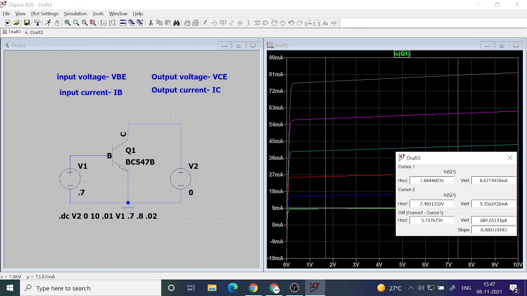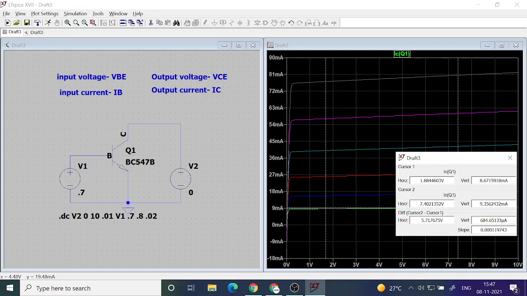Output characteristics is an IV characteristics. We are plotting change in the current with respect to the change in voltage. From the curve you can take 2 points of any color, magenta or cyan or red or whatever color, and you can calculate the delta V and delta I from these values.